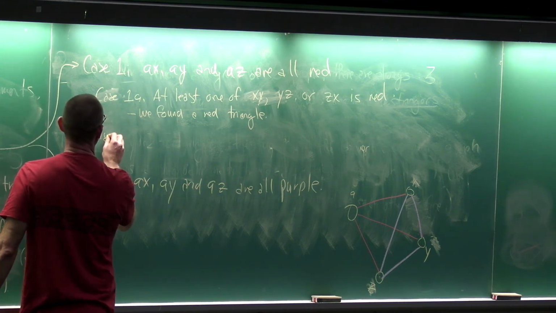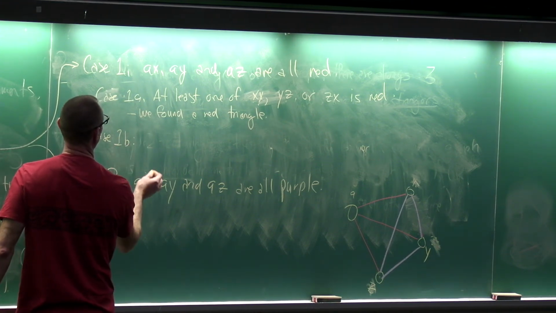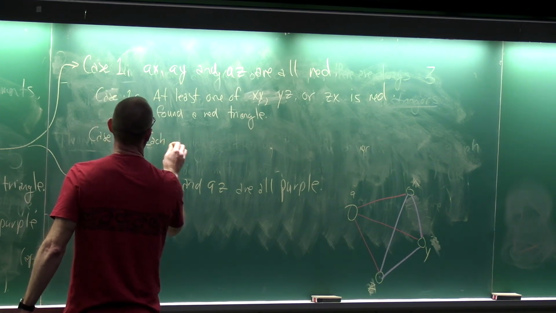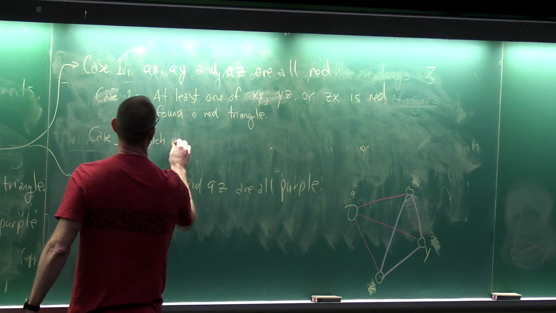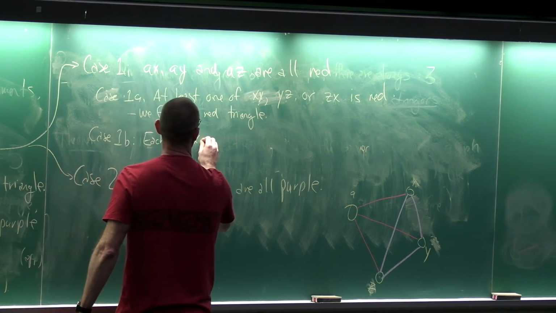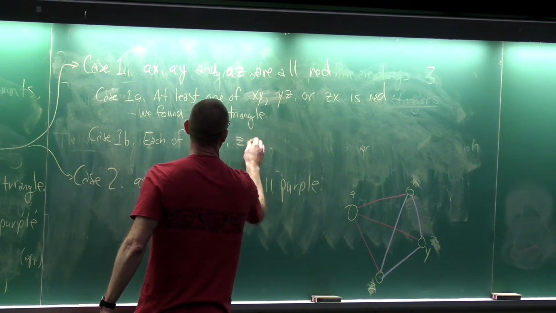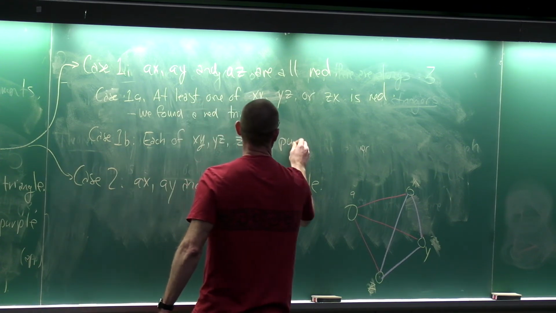Or you go to case 1B, which is none of them are red, therefore each of XY, YZ, ZX is purple.